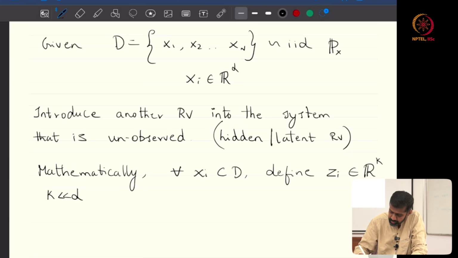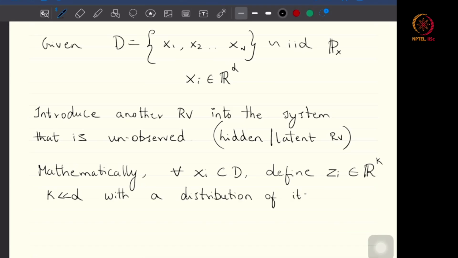Define another random variable with a distribution of its own. Now x and z are assumed to be statistically correlated.